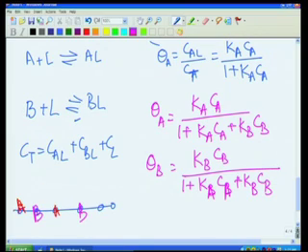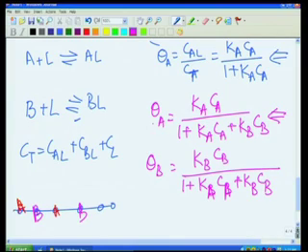Look at what has happened here. Let us compare this expression for theta A with the earlier one when B was not present. What does competition do? Competition has reduced the coverage of theta A, because we have an additional term in the denominator.